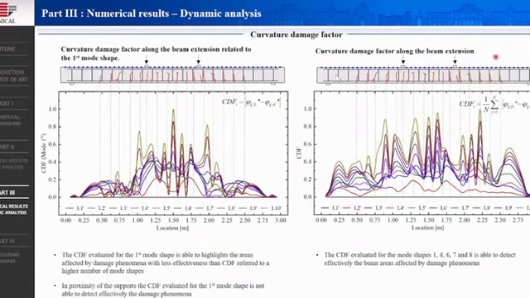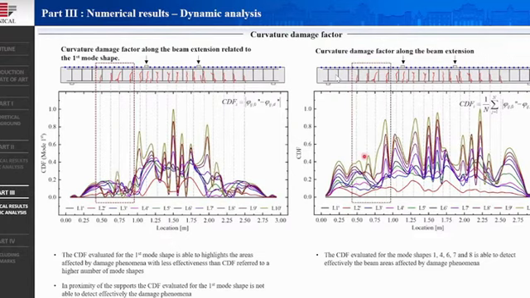Finally, in this slide, two curvature damage factors are analyzed. The first one on the left is obtained with reference to the first mode shape, while the second one on the right is obtained with reference to 5 mode shapes. As can be seen, the first curvature damage factor is less effective than the second one. In fact, in proximity of the supports, the first curvature damage factor is not able to detect effectively the damage phenomena.